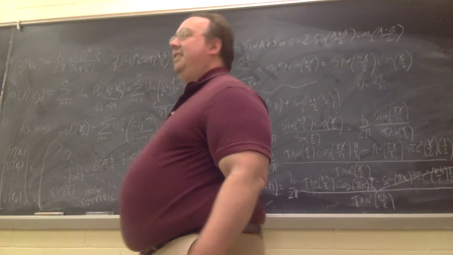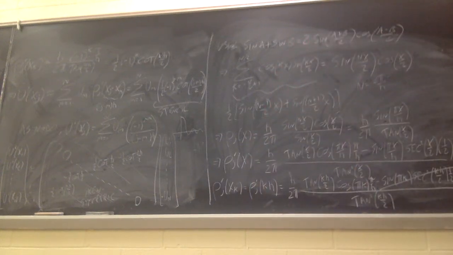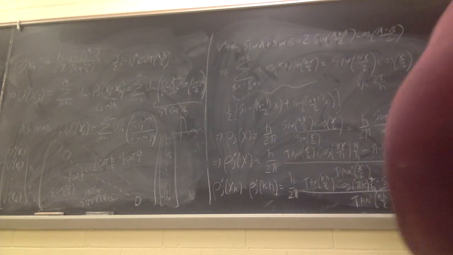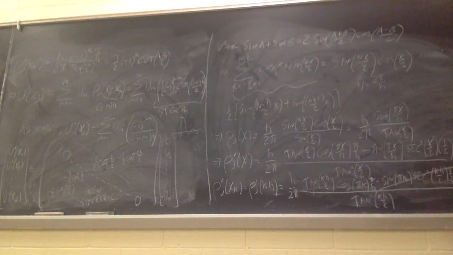Starts with T. Triangular? No. I figure someone's going to guess that. Toeplitz. The Toeplitz matrix. Toeplitz matrices are nice because we know something about their eigenvalues and eigenvectors.